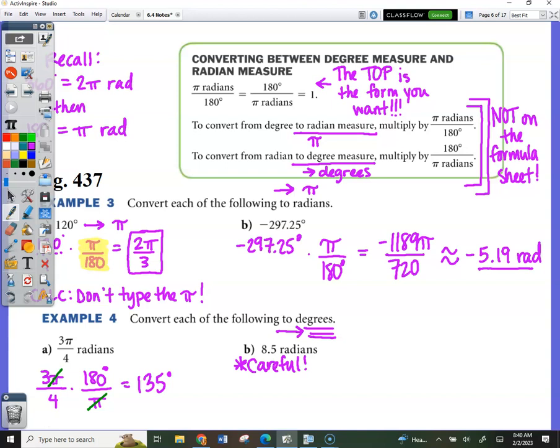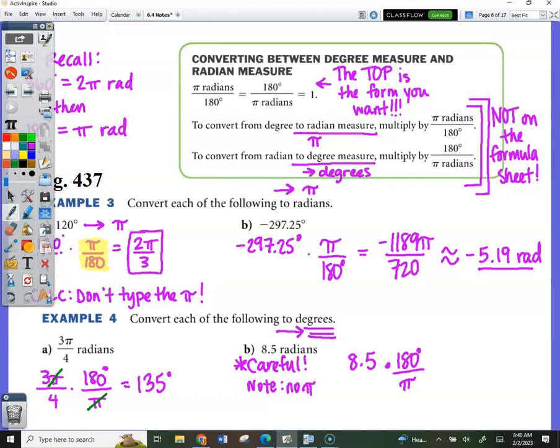So I'm taking radians to degrees. Note, there is no pi here. Because there's no pi, that means it's been calculated into that 8.5. So we've got to calculate the pi out of it. Does that make sense? So 8.5 times 180 over pi.